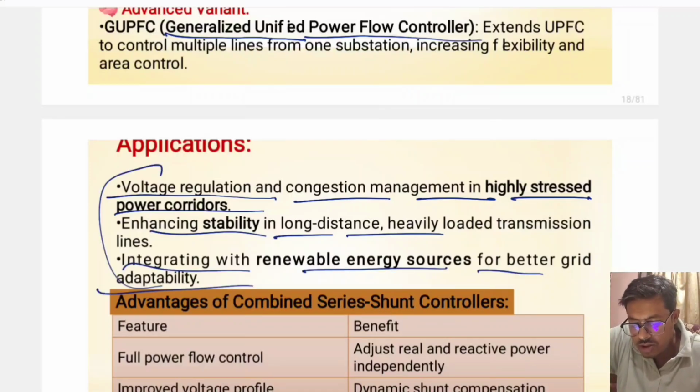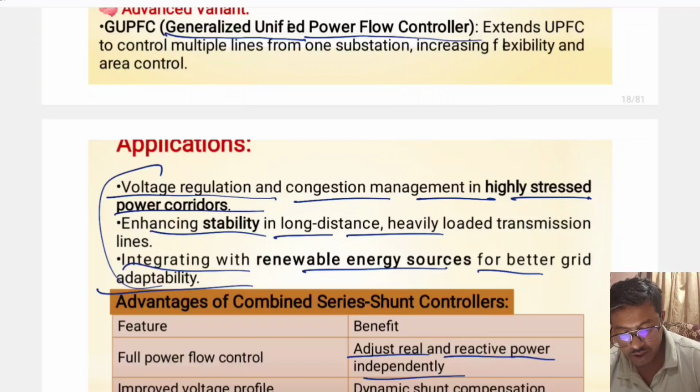So these are the applications of series-shunt controllers, and these are the advantages: full power flow control, adjusting real and reactive power independently, improved voltage profile, dynamic shunt compensation, enhanced steady-state stability, and adaptation to rapid grid changes.